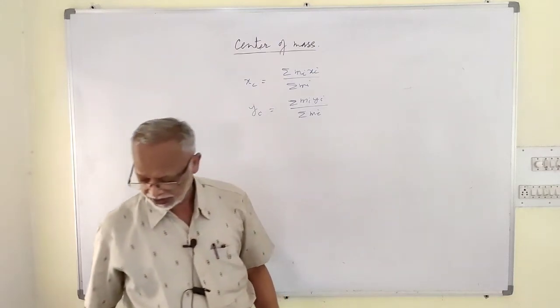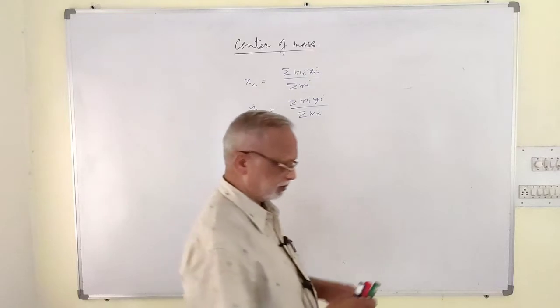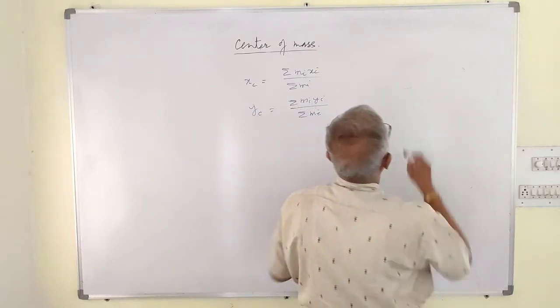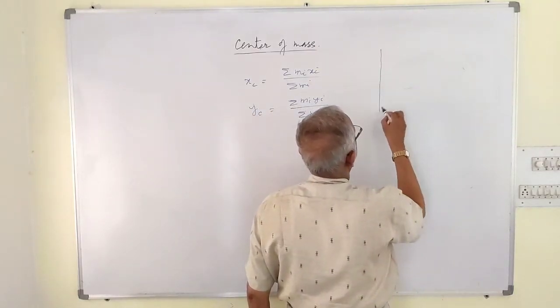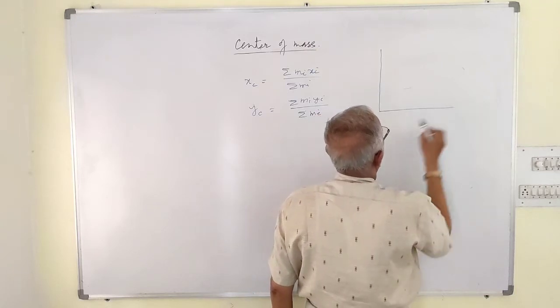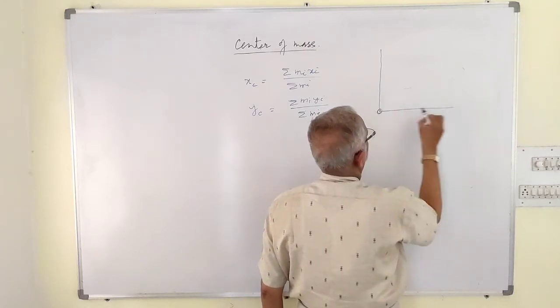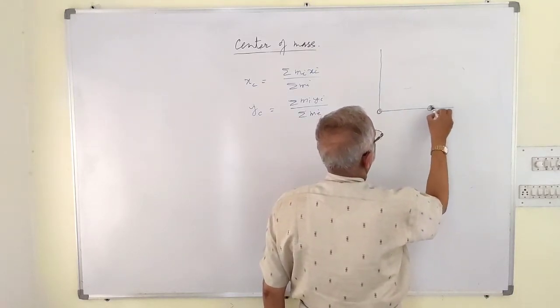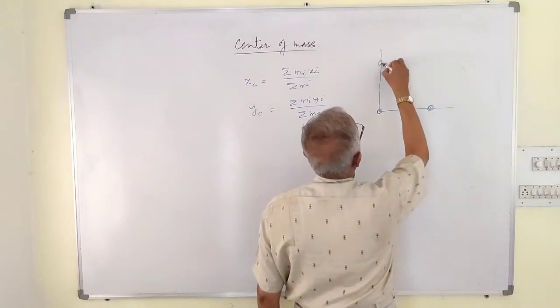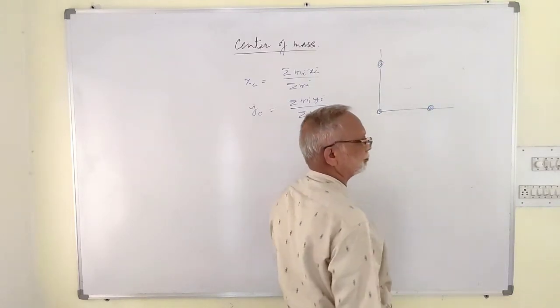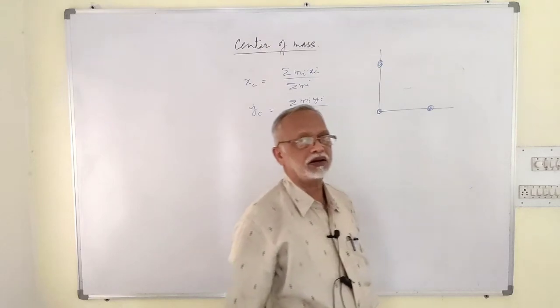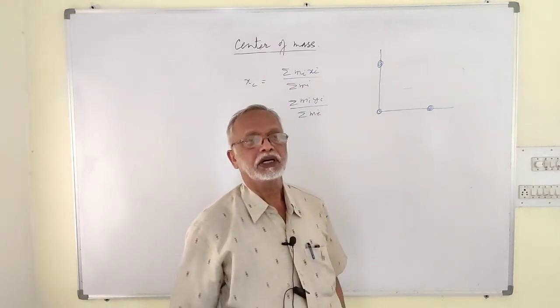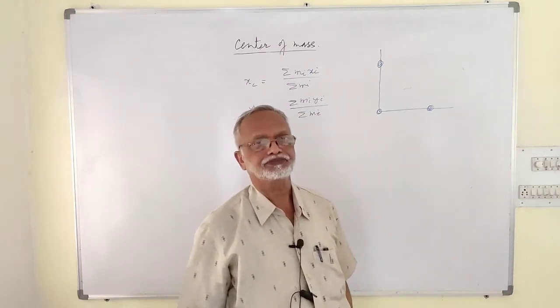Suppose we have got a case of 3 bodies present at the vertices of an isosceles right angle triangle. The 3 bodies may have either same mass or different masses.